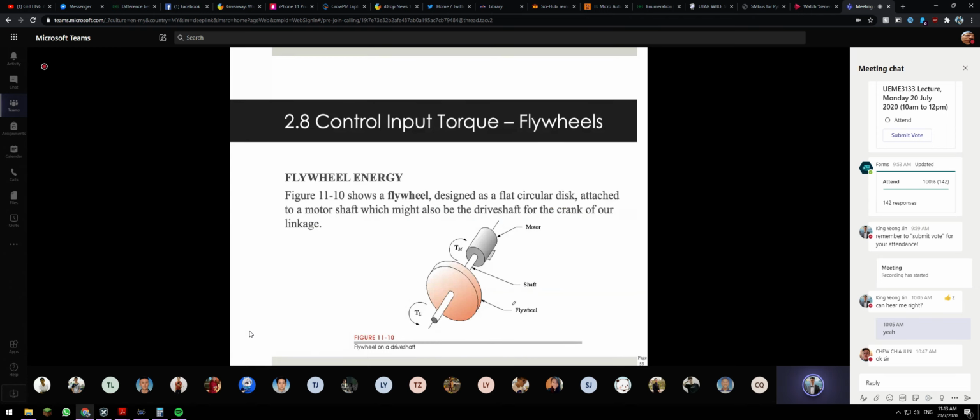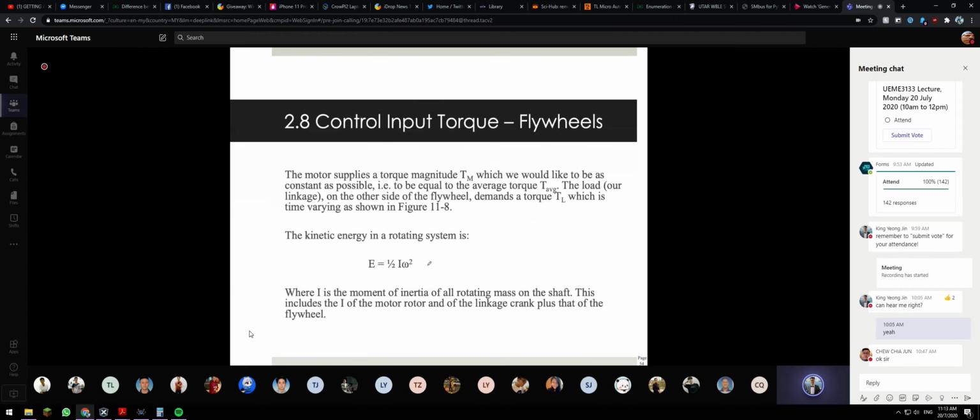Flywheels are designed as a flat circular disc that attaches to the motor shaft. So this is the motor shaft, this is the motor, and then you just attach it. Now we see how the flywheel can be used. The motor supplies a torque magnitude of Tm, which we would like to be as constant as possible and equal to the average torque, T average.